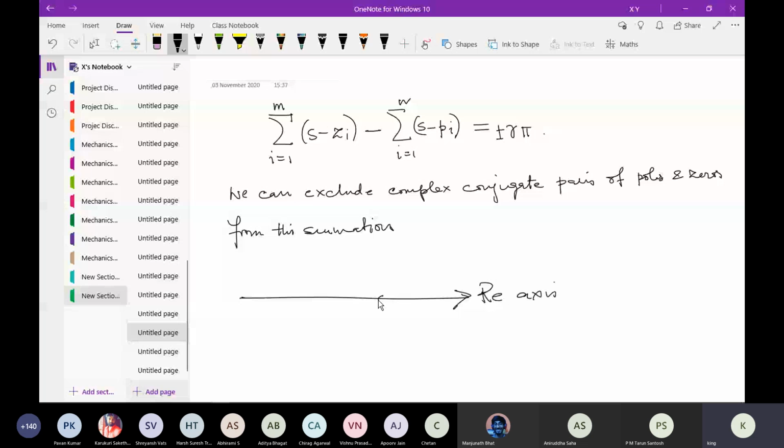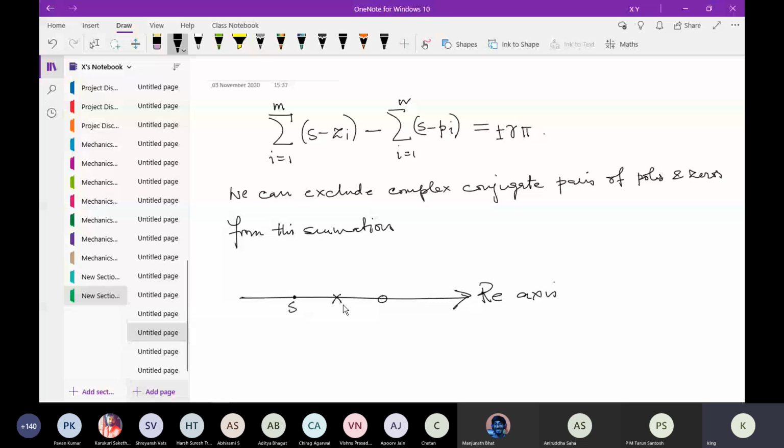If I have a 0 here and a pole here, and I am looking at this point, what will happen in this case?